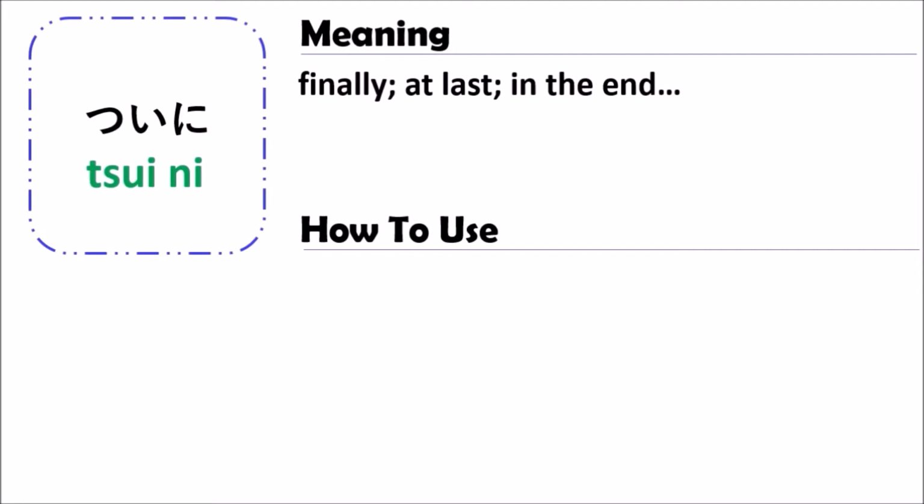So in Japanese, when you use the grammar of ついに, you should begin with ついに and follow it with a phrase related to it. To understand more, let's look at some examples together.